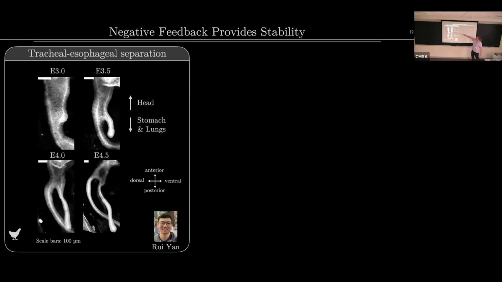So you can see in a chick here, you go from having one connected tube to this budding off. So the splitting of the tube and then these two tubes growing independently, and one will develop later on into the stomach, and the other one will develop into the lungs.